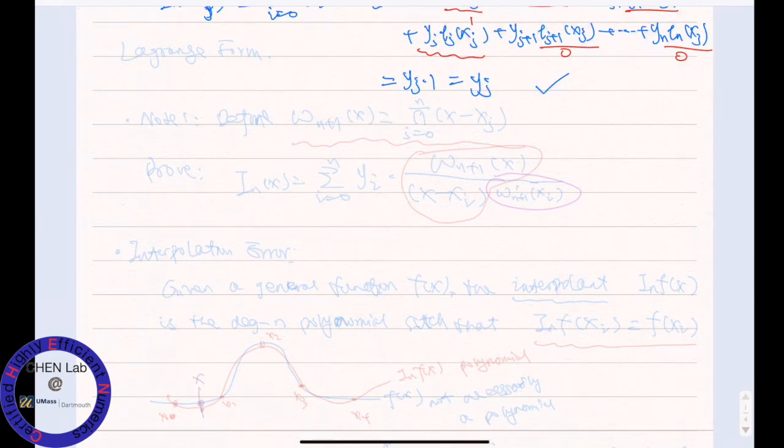All right? Questions? This way is called Lagrange form. Lagrange form.